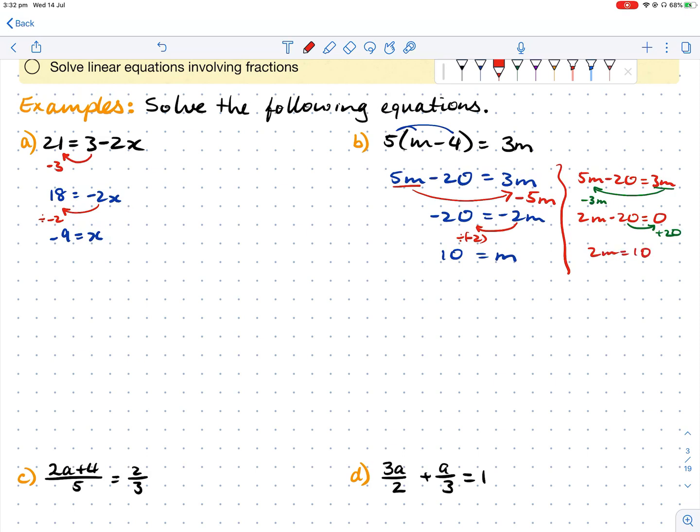Oh, sorry, equals to 20. So m is equal to 10. That's another way you could do it. You had to do an extra step in that second version, but either one is fine. Again, you don't need to draw the arrows in. We assume that you know what you're doing when you're solving equations by this stage. As long as you've got each of those lines of working where you're reducing the equation, then that's fine.